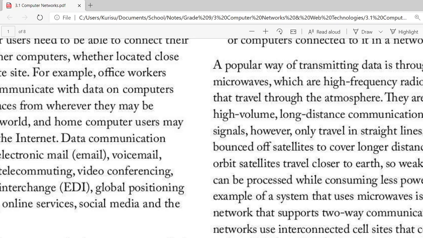For example, you can be connected via cable, you can be connected via some sort of wireless connection. So for example, most of you have Wi-Fi at home. That is a form of microwave using radio signals so that you can be connected to your network at home.